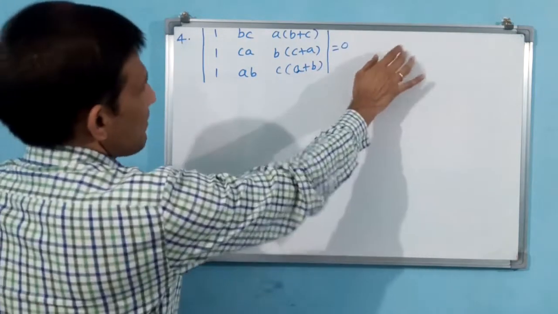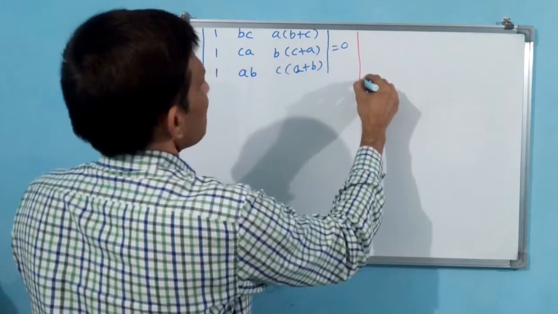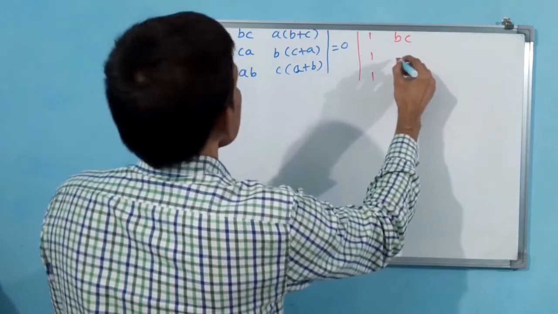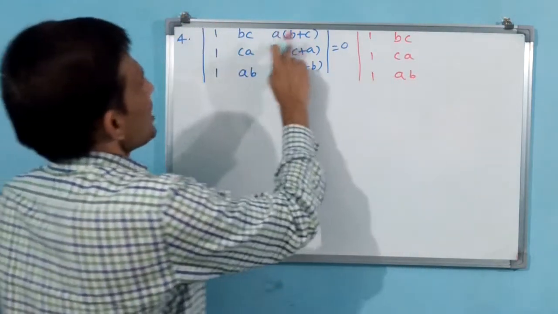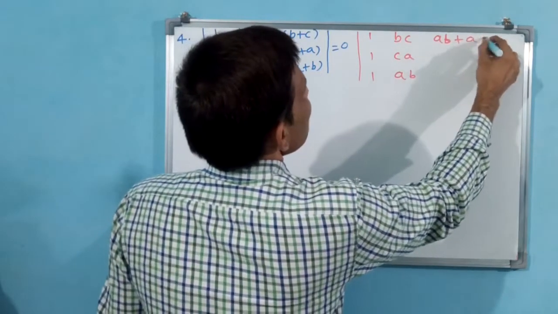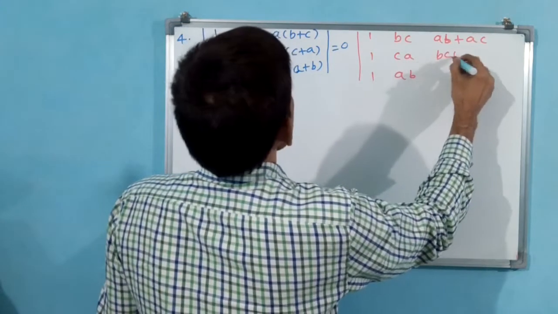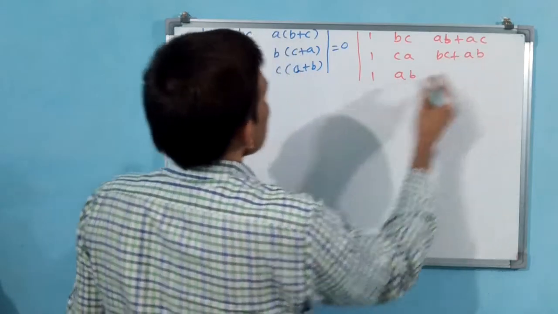You see, here I am expanding. 1, 1, 1, BC, CA, AB, AB plus AC. Why? Because AB plus AC. And BC plus BA. BA or AB.